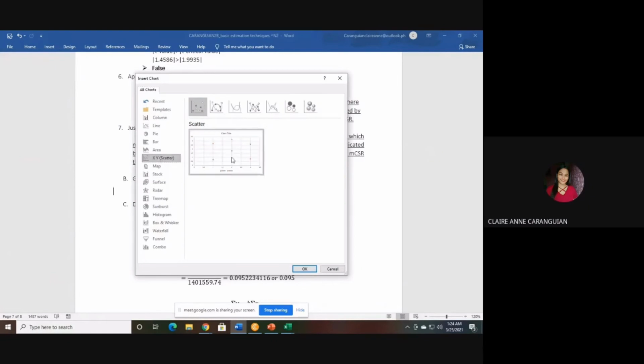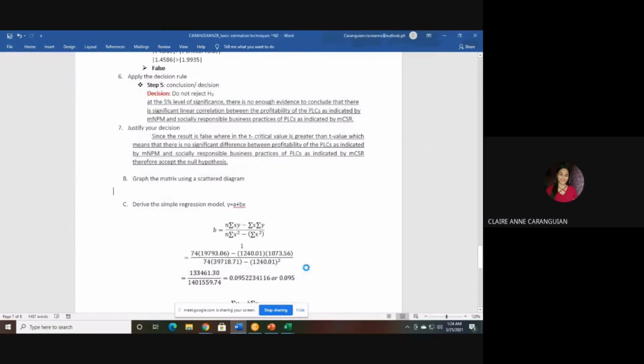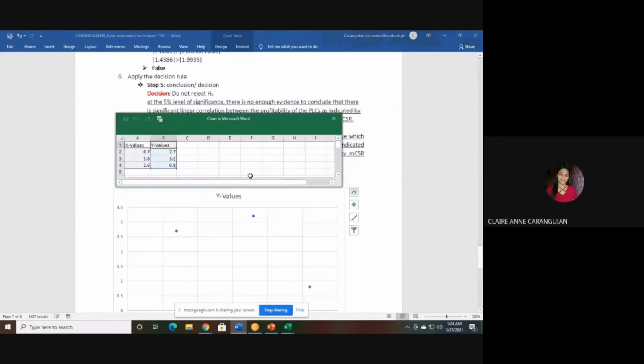So, this is the scatter. Okay. Then a formula appears.